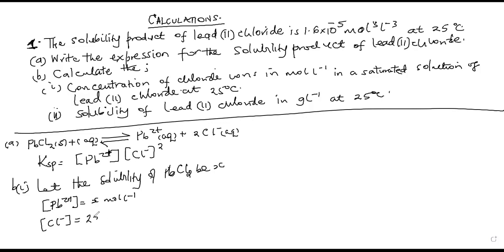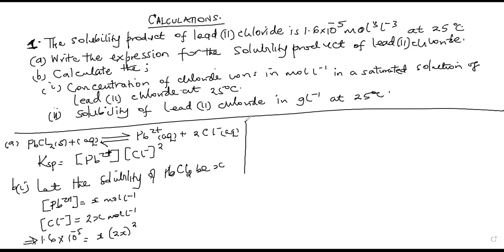So it will be 2x moles per liter. The moment the student masters this, we specifically use the mole reaction ratio to derive these concentrations. It is from this point that we substitute into the Ksp, which is 1.6 × 10^-5, equal to the concentration of lead, which is x, times the concentration of chloride, which is 2x, squared.